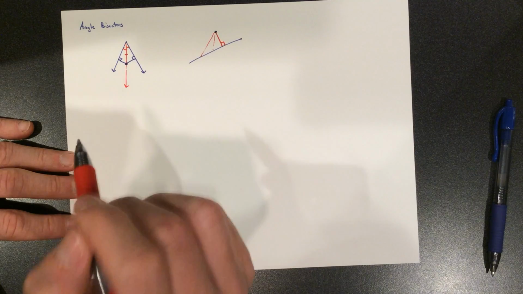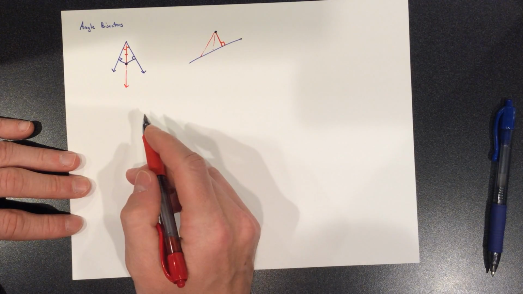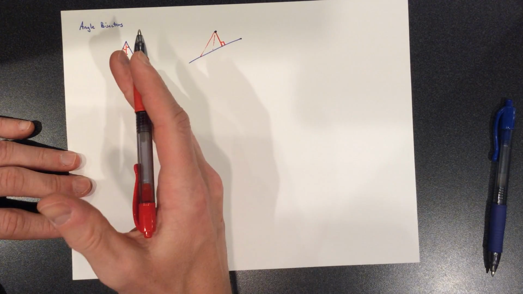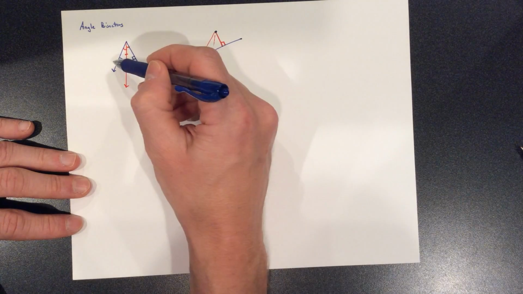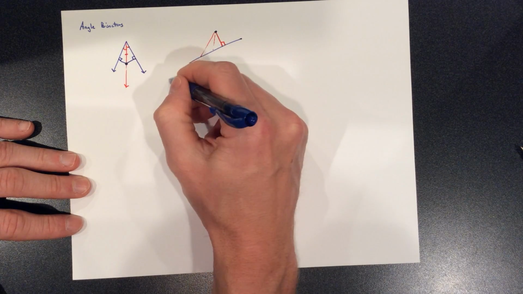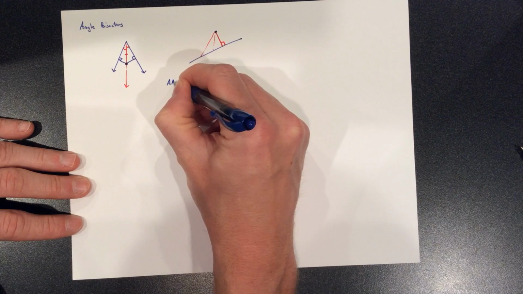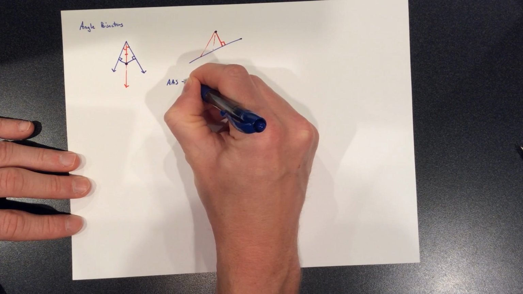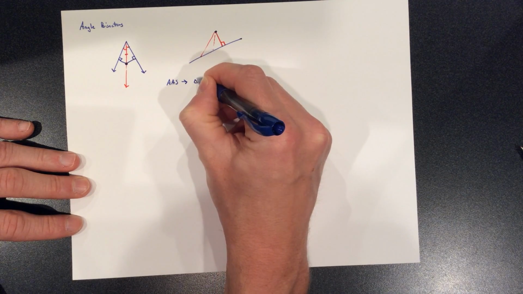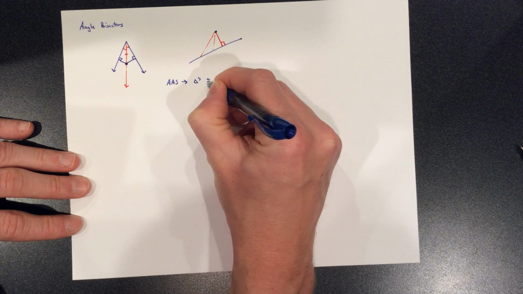So what do we know about those two triangles for sure? And how do we know it? They're congruent. Check it out: angle, angle, side proves that the triangles are congruent.